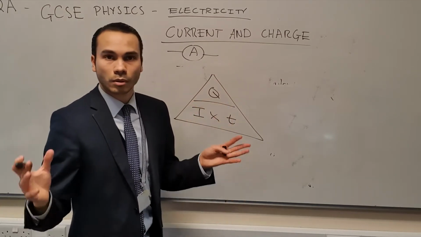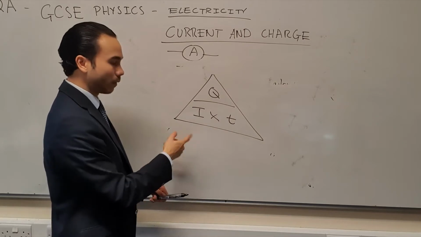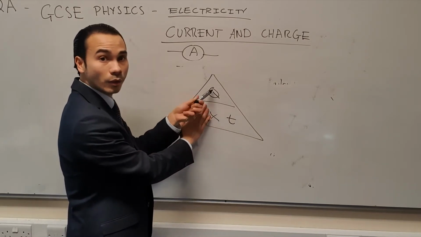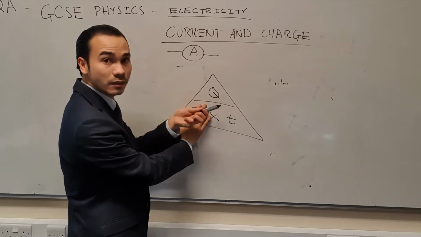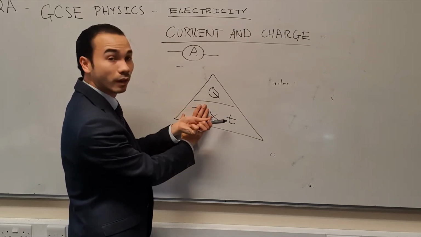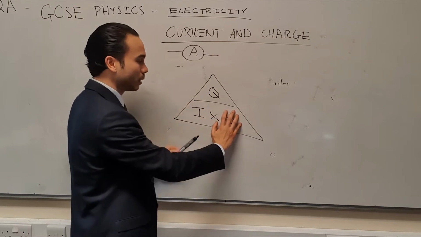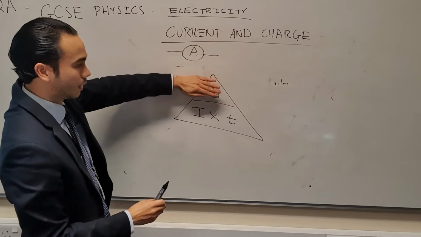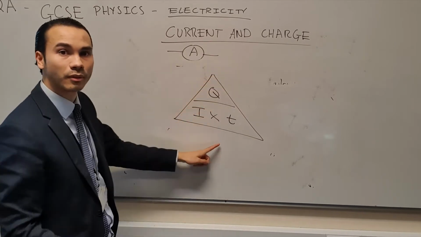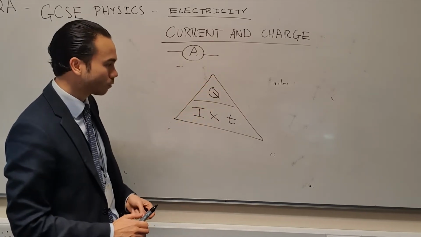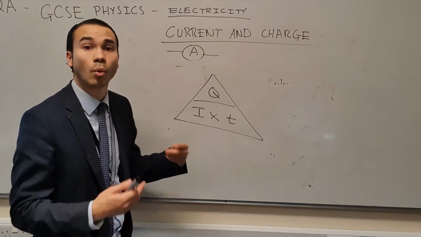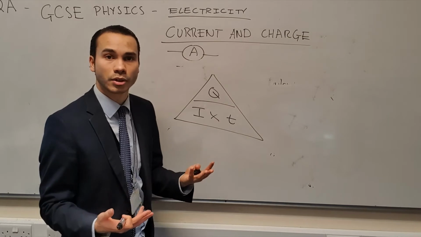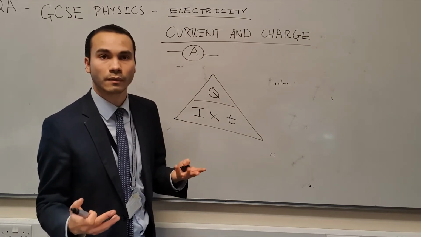And for those of you who don't know how to use this triangle, if I want to work out current, I cover up this I, so I'm left with Q on the top and T on the bottom. This line here stands for divide, so it's charge divided by time. If I want to work out the time, it's charge divided by current. If I want to work out my charge, it's current times time. So that's how you use this triangle, and if you're good at maths, just rearrange the equation depending on what they give you in the question.